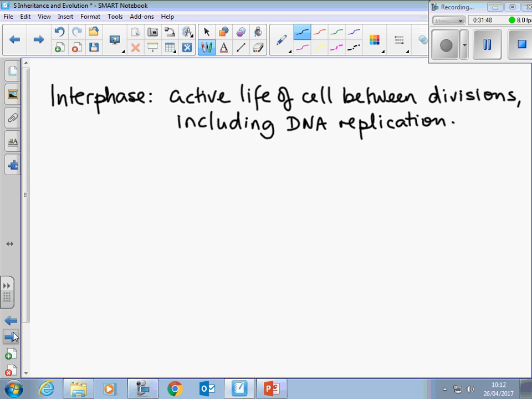Okay, now the next four phases, I'm going to set them in from the left-hand side a bit because I'm then going to bracket them together and put mitosis. All right, so we will have prophase. So this is the preparatory process where chromosomes condense.